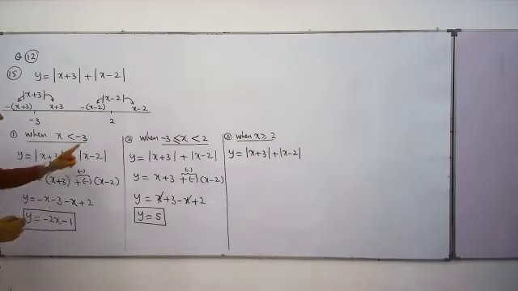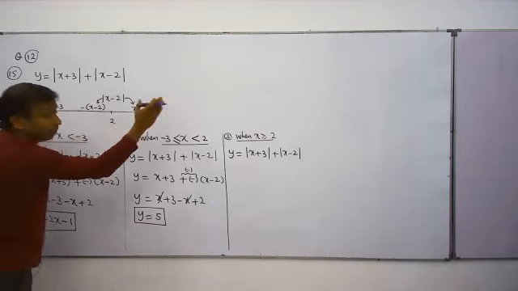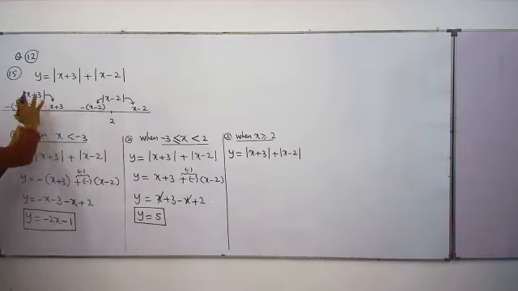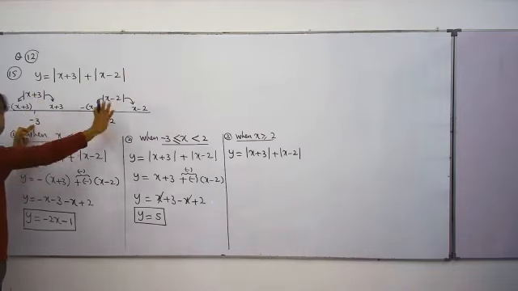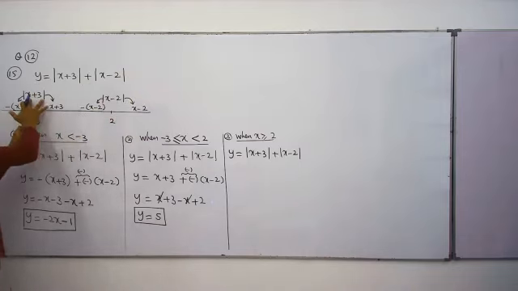Mod x plus 3 in this interval, for all the values on the right of minus 3, in other words on the right of minus 3 up to positive infinity, mod x plus 3 is equal to x plus 3. Understand?